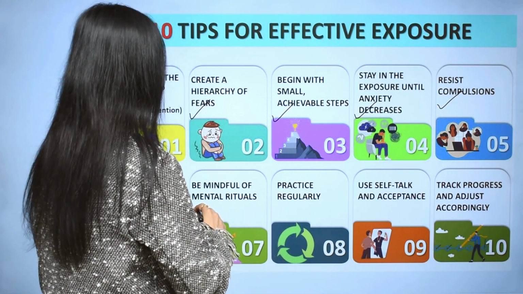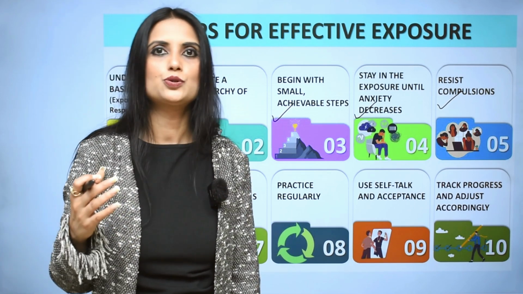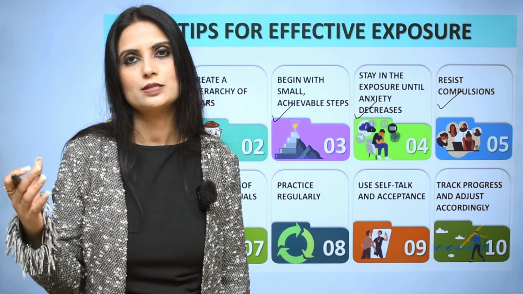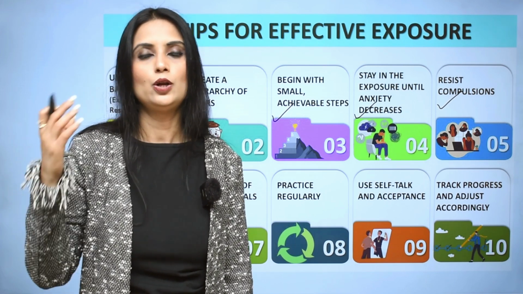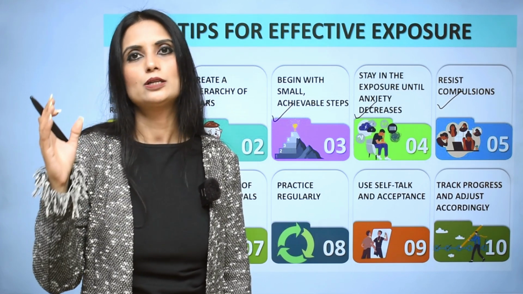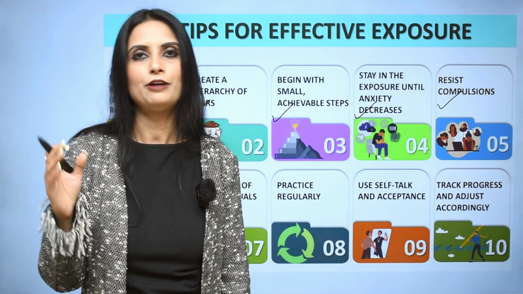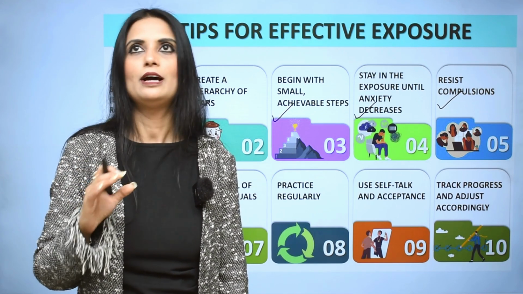Next step is be mindful of mental rituals. Of course, you are not doing any ritual physically, but sometimes it shifts to the mental rituals. Make sure you are mindful, you are connected to the present moment and not engaging in any mental ritual. For this, you can try grounding technique 5, 4, 3, 2, 1. Wherever you are, simply notice 5 things.